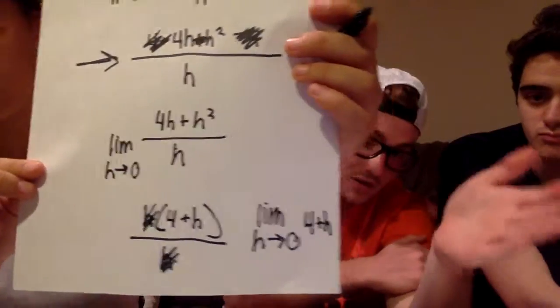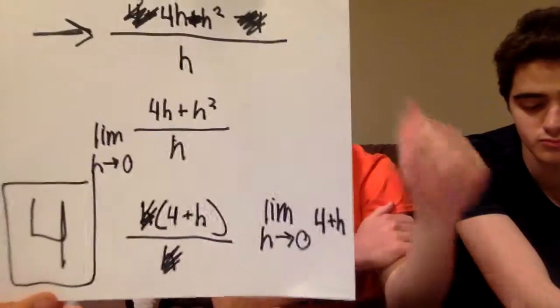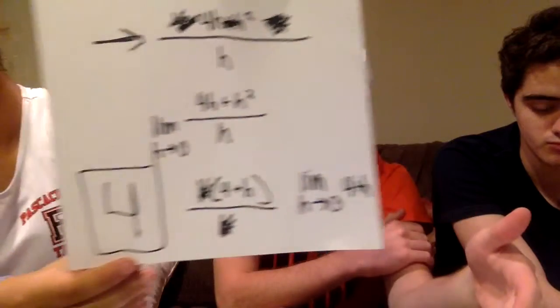And we know h is 0, so the limit is equal to 4. So f prime of 2 is equal to 4, and just like the alternative form, we get the same value. So both of them work.